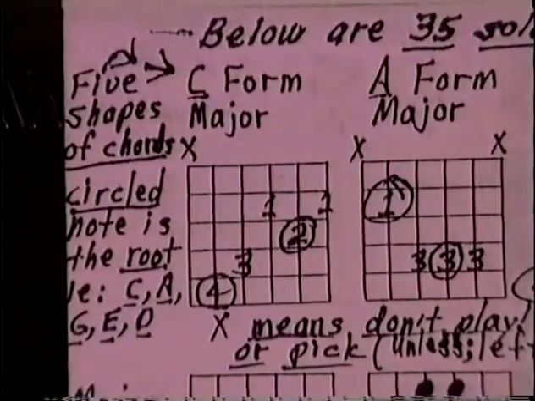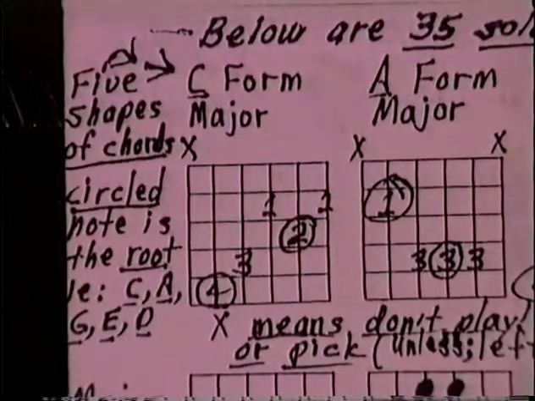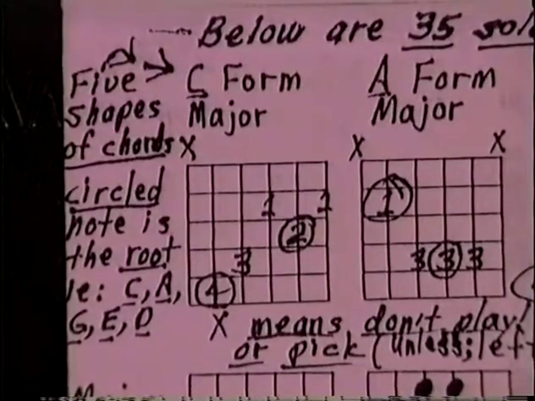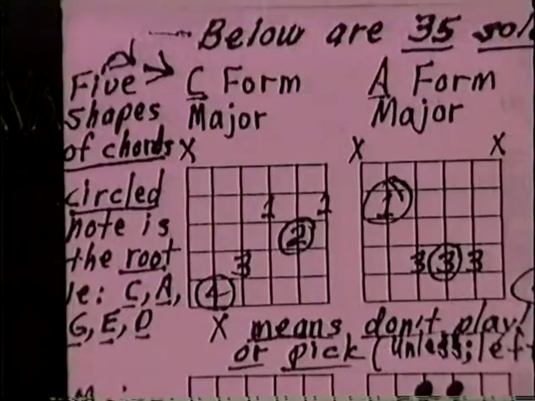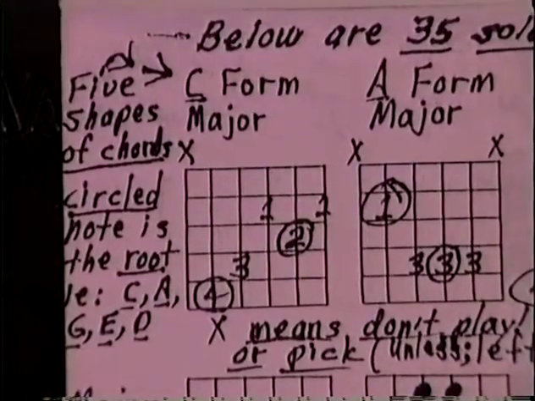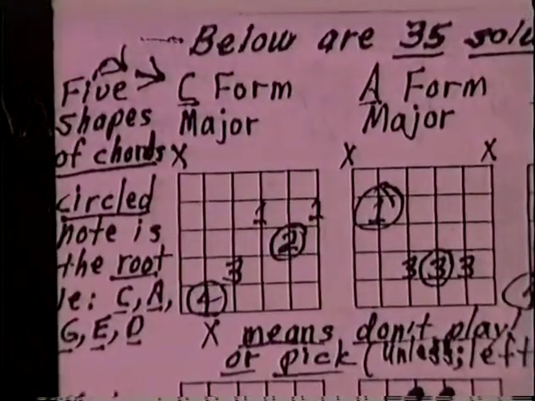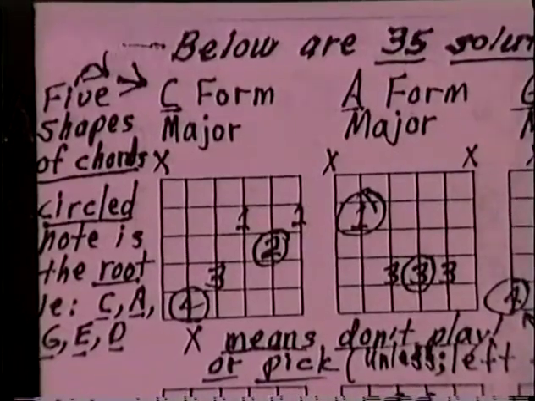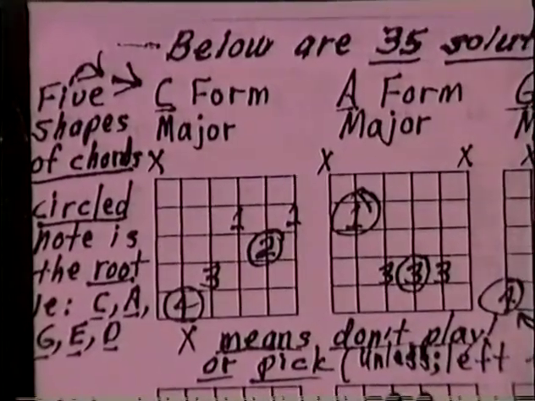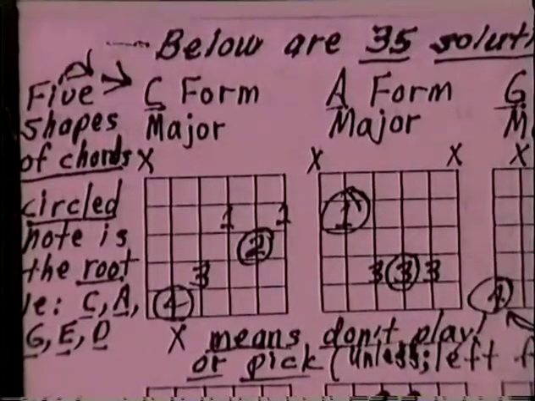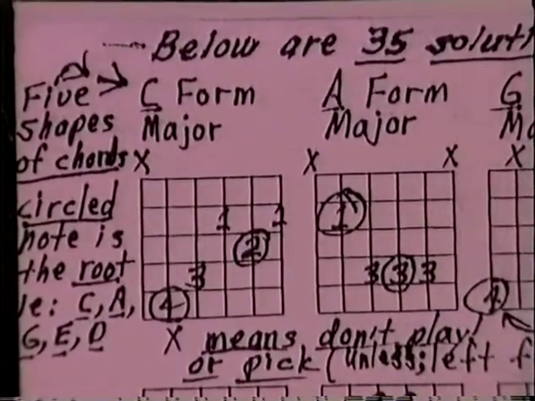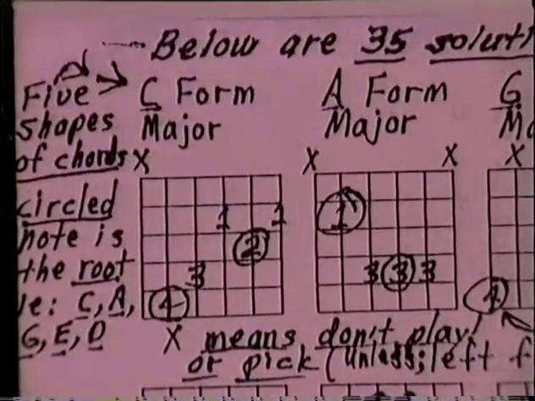The 2 that is circled, which is a D note, as long as you understand that the circled notes are the roots of the chords, then the 2 would be on the 3rd fret. Okay? So, as we progress up the neck, the A form major, which the roots circled are the 1st finger and the 3rd finger notes, and you notice that the 3rd finger lays down on bars.